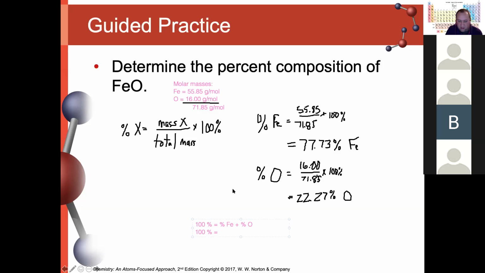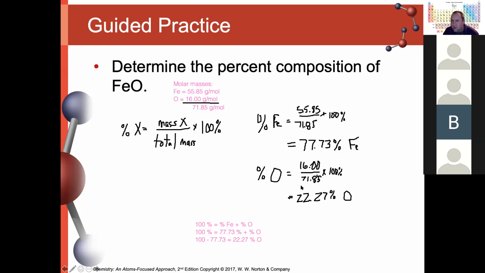And since we knew that the percent iron was 77.73%, we could have done that subtraction and come up with the same 22.27% oxygen. So keep in mind that that is always an option once we get to the last element of a compound: we can always figure out the last component by subtracting all of the other components from 100% instead of doing the calculation this way.